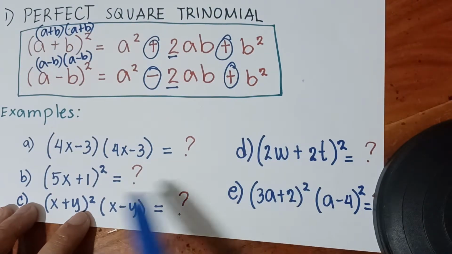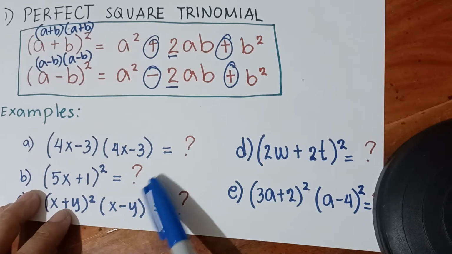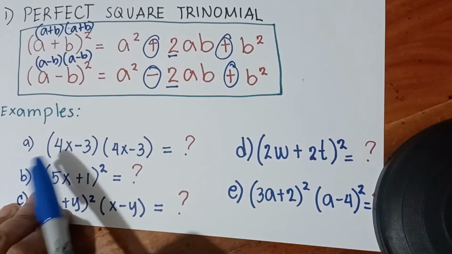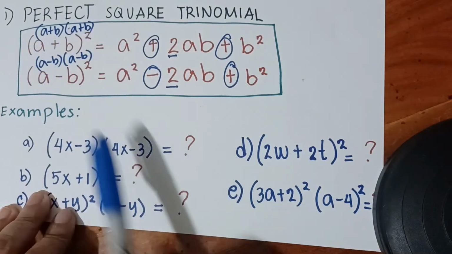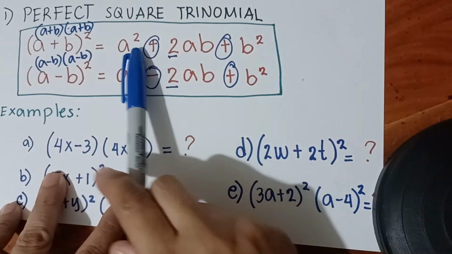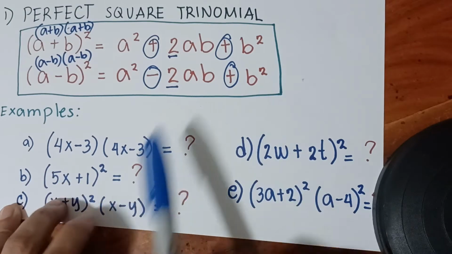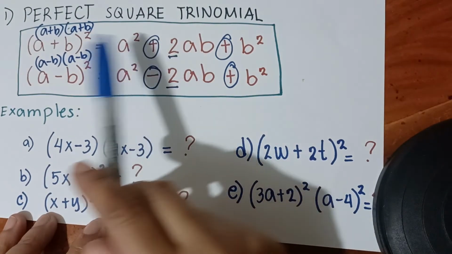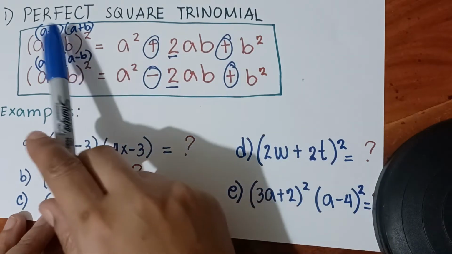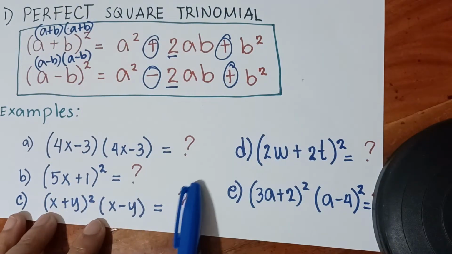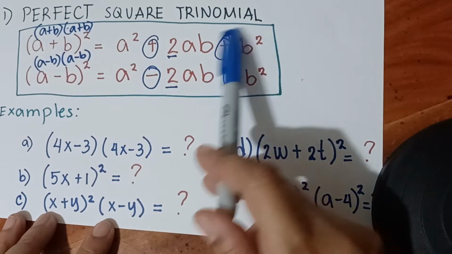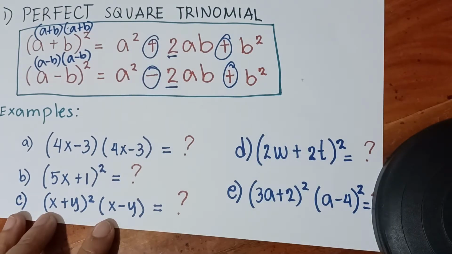So don't forget, if you are multiplying a binomial, binomial times a binomial, especially if it's perfect square, meaning pareho lang naman sila ng terms, the answer will be a trinomial. Hindi binomial, but it's a trinomial. It depends. Pero dito sa perfect square trinomial, kaya siya sinabing perfect square trinomial kasi ang magiging sagot should be a trinomial. Trinomial kasi tatlong term siya.